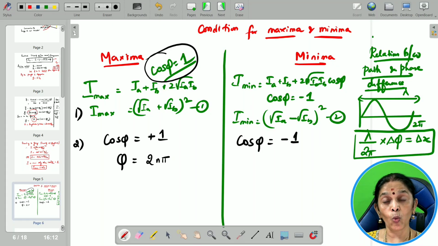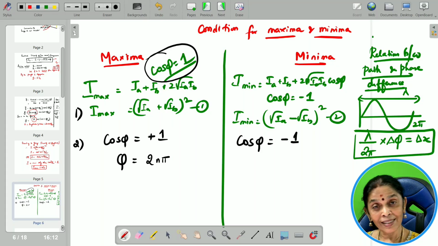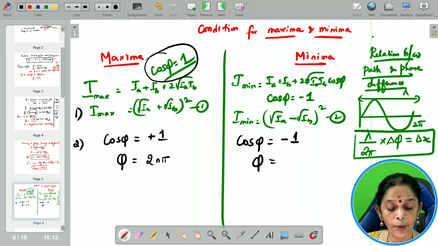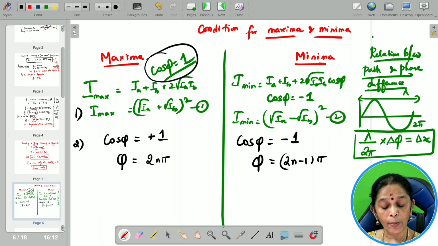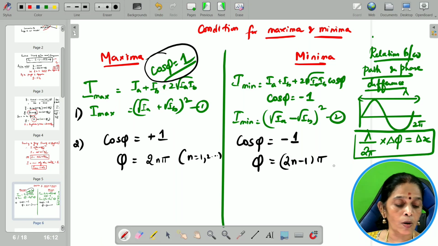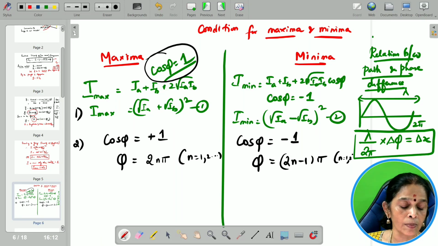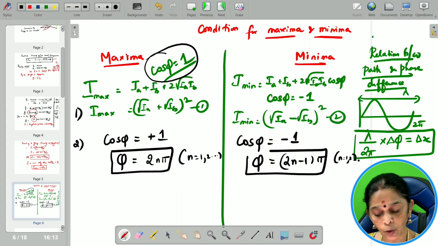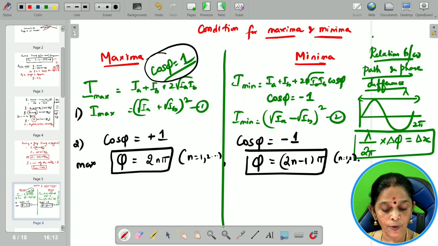If you put n is equal to 1, that is 2 pi, then also you will get cos phi equal to 1. Similarly for minima, phi will be equal to 2n minus 1 into pi, where n is equal to 1, 2, 3, etc. So I found out phi here and here also. This is for maxima and this is for minima.